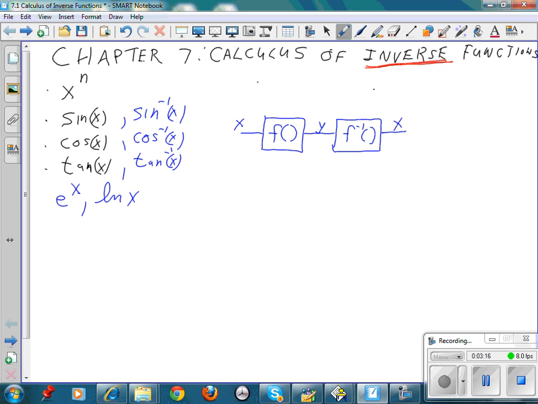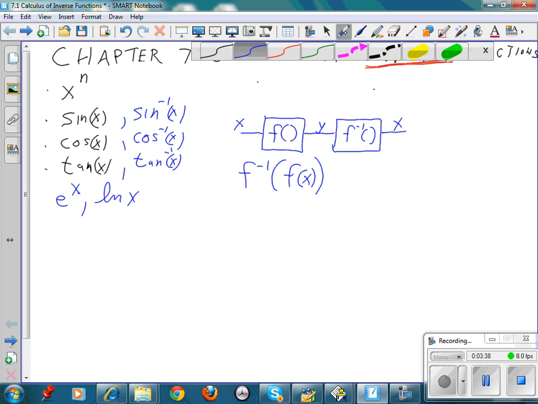So remember that. That's what an inverse does. If I could give you different notation, I could write the inverse function of the function of x. Well, this is another way of saying that the inside there is y.